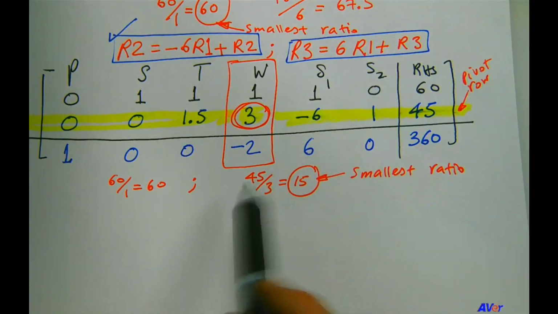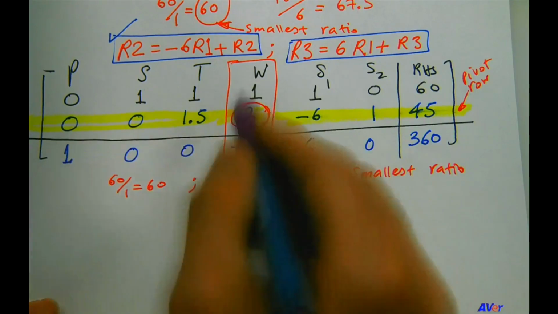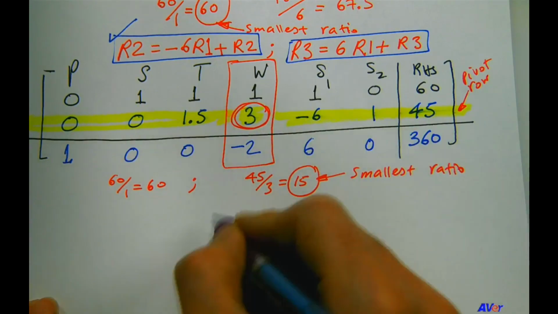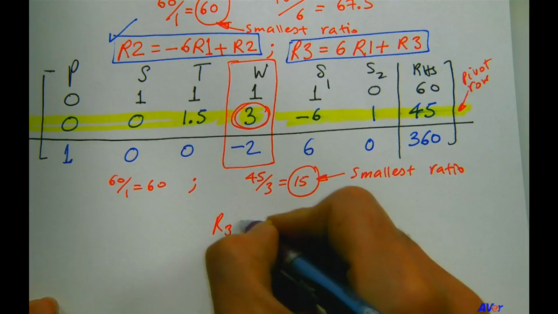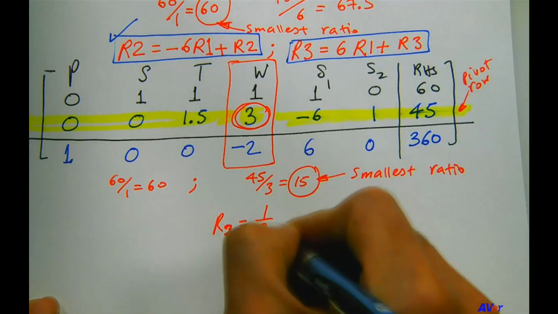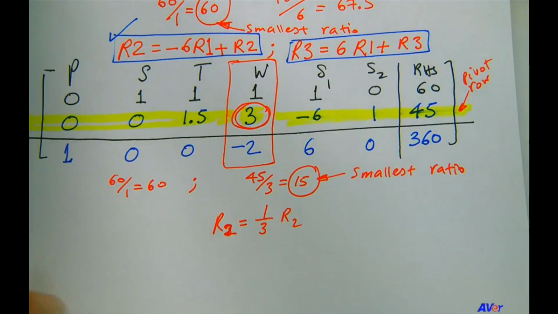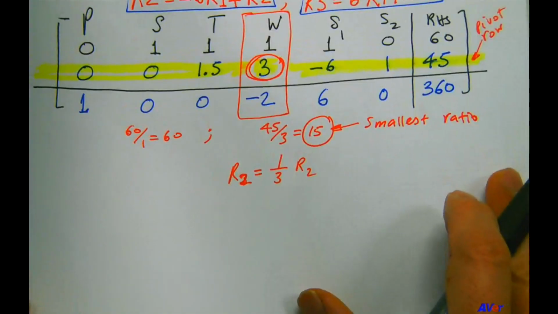All right, so what is the row operation for doing that? It's just row 2 equals 1/3 row 2, right? So row 2 equals 1/3 row 2. Okay, so let's carry out this row operation.